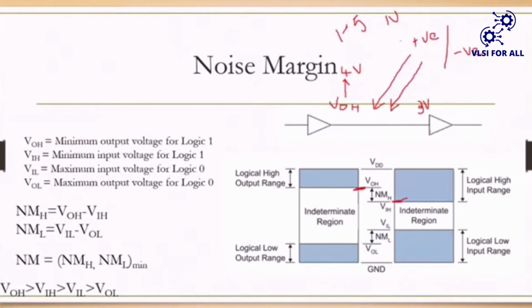If 1.5 volts is included, that will be the VIH, the minimum voltage required for the driven element to be considered as logic 1.